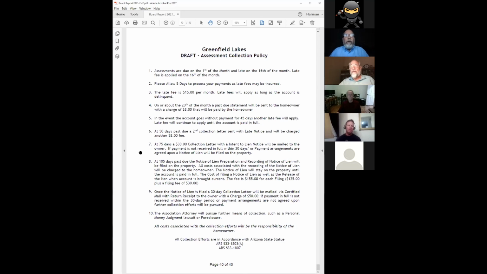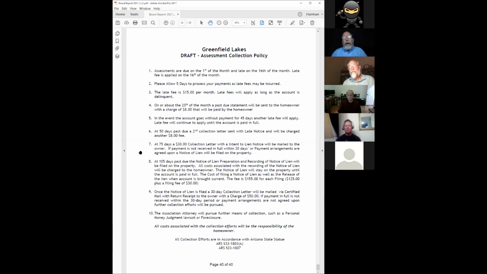The least expensive way, we can do it 2 ways. We can include it in the quarterly statement, which will be coming out about the 17th of March. And that's obviously real inexpensive because we're just going to print it and stick it in that statement that is already covered, or we can do a separate mailer.